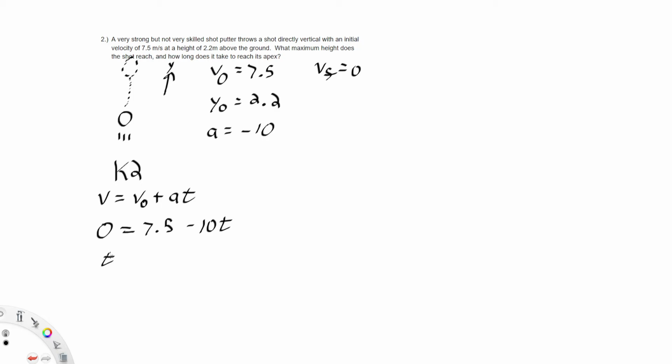This tells us that the time is going to be 3/4 of a second. Similarly, we could use K3 to give us the maximum height.